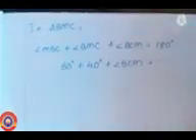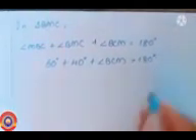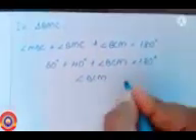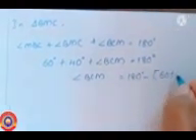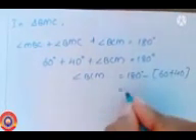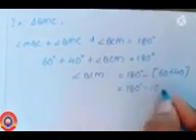Angle MBC is 60 degree and angle BMC is 40 degree plus angle BCM is equal to 180 degree. So angle BCM is equal to 180 degree minus 60 plus 40, that is equal to 180 degree minus 100 degree. That is equal to 80 degree.